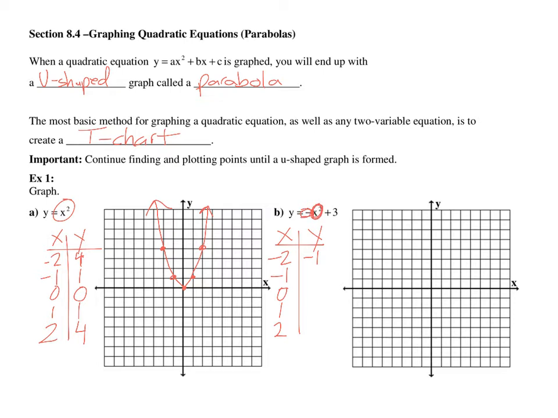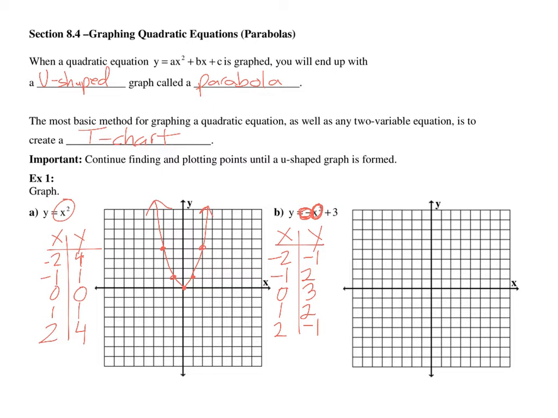I have the negative attached to it, so I have -1 plus 3, which is 2. Then I have 0, and -0 is 0. 0 plus 3 is 3. Then I plug in 1 again. 1 squared is 1. Attach the negative to it, and I have -1 plus 3 is 2. And plug in 2, and I have 4 attached to -2, so I have -4 plus 3, which is -1.